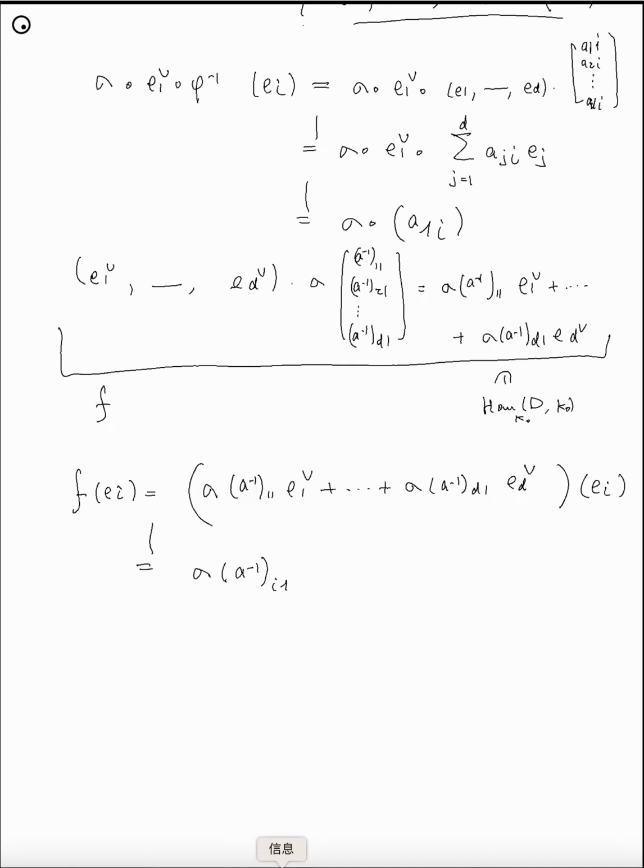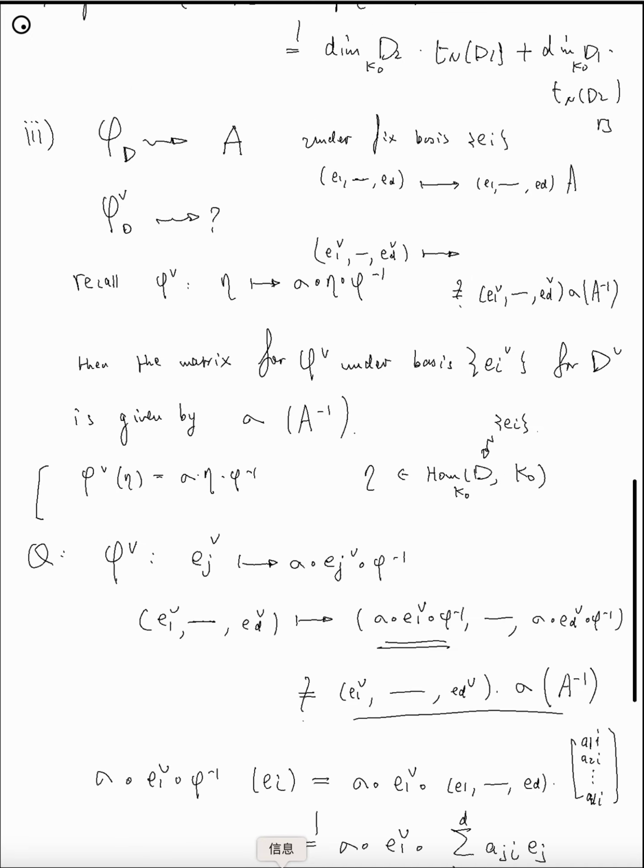So one is sigma of A1I, the other is sigma A inverse I1. Have they given you the same result?